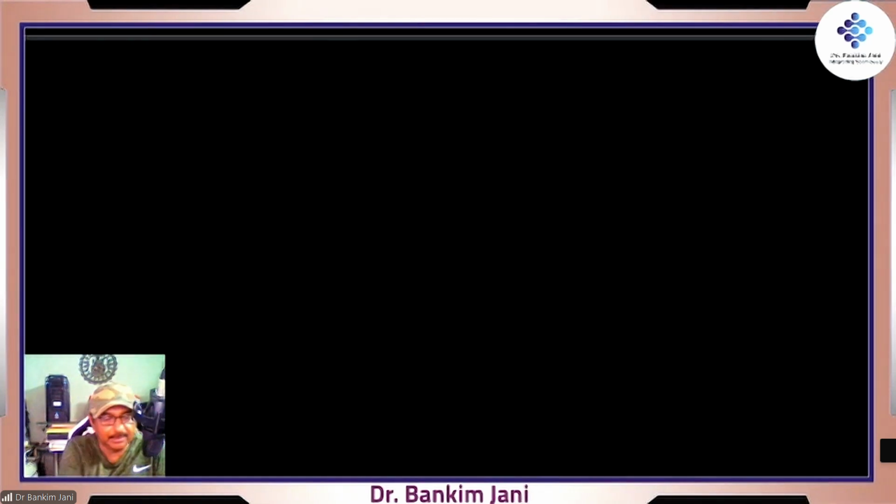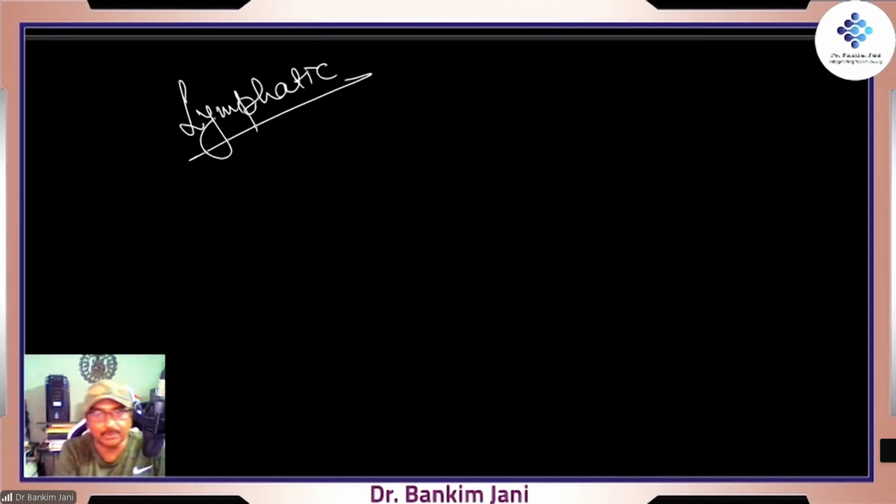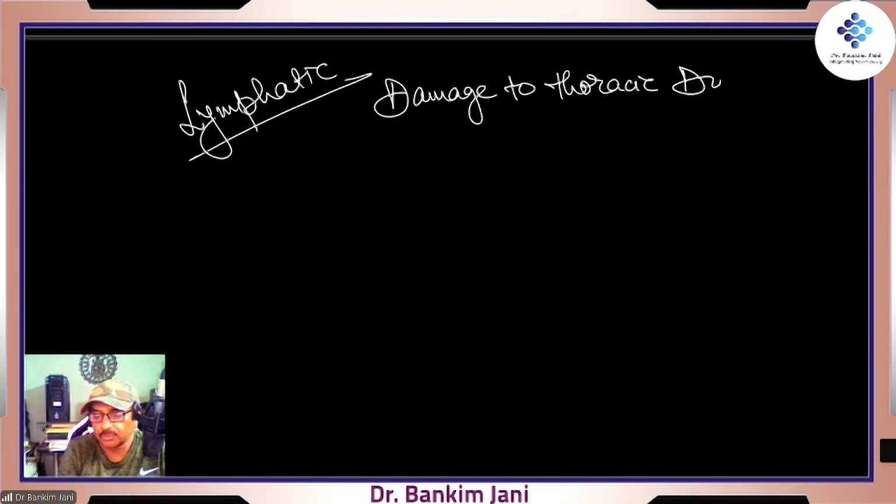So here, I'll write it over here, lymphatic. Damage to the thoracic duct. So with thoracic duct damage, what it has done is dump that fluid into the pleura. Now this thoracic duct, which is carrying the fluid, it is a milky fluid.